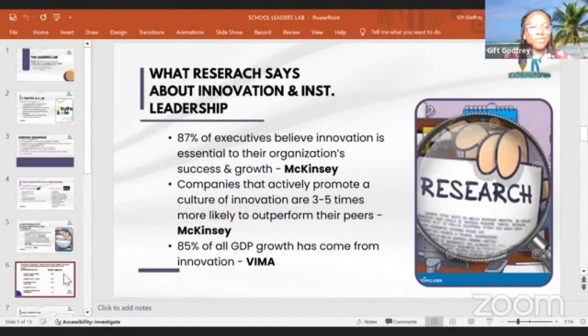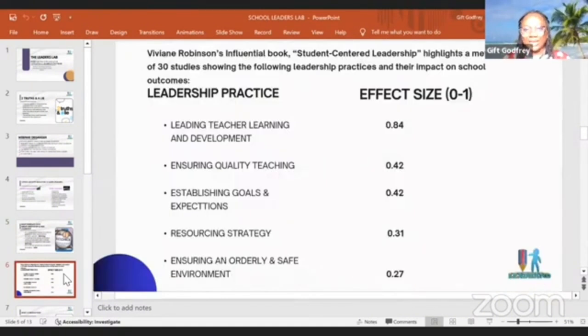Wonderful. Now look at the one that will amaze you, I think. If you are a researcher, if you are a 21st century school leader, there's no way you won't know Vivian Robinson. And anything coming from that woman is top notch. In her book, if you haven't read this, go and read it, Student-Centered Leadership, she highlighted a meta-analysis of 30 studies, 30 whopping studies, showing the following leadership practices and their impact on school outcomes.